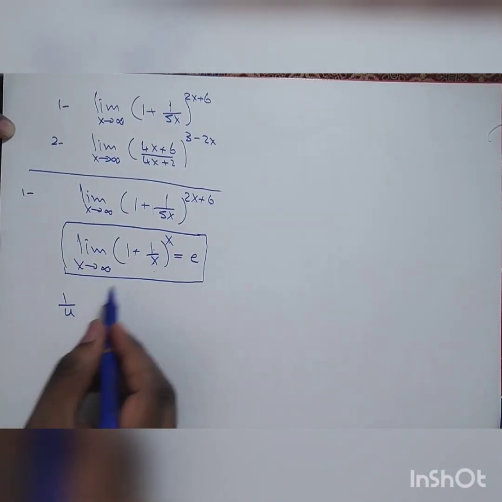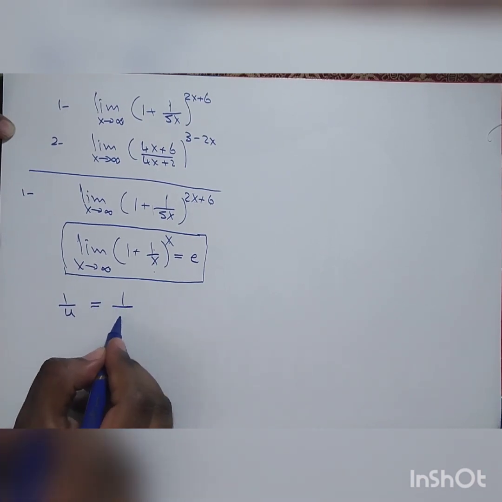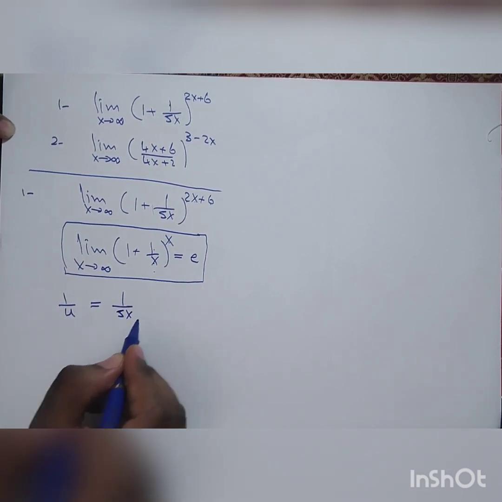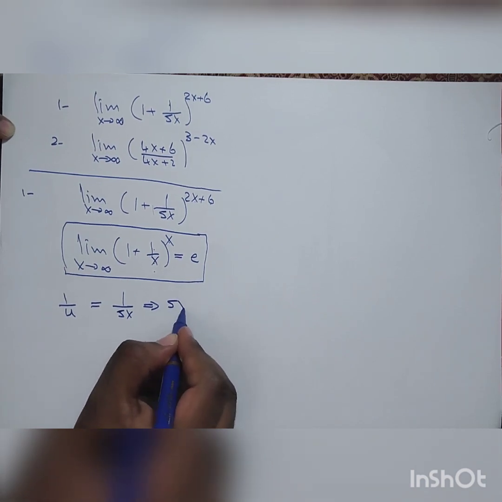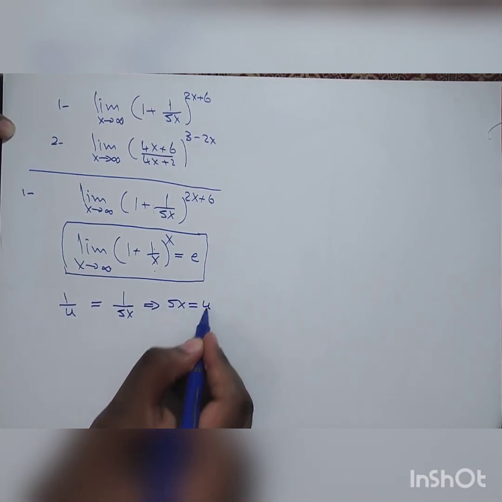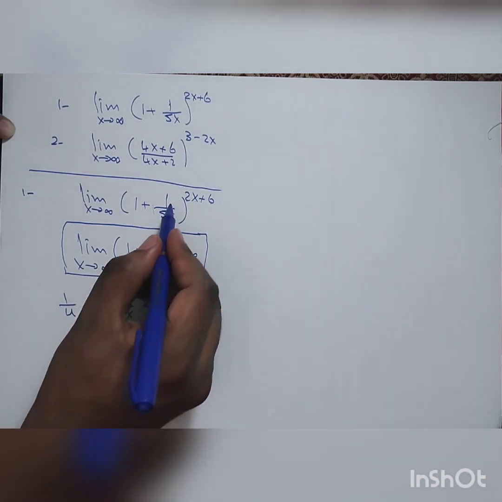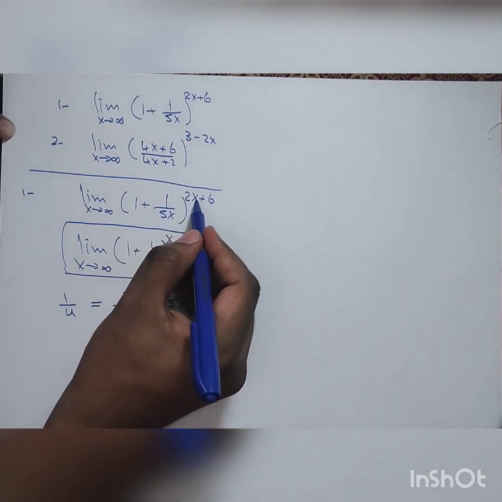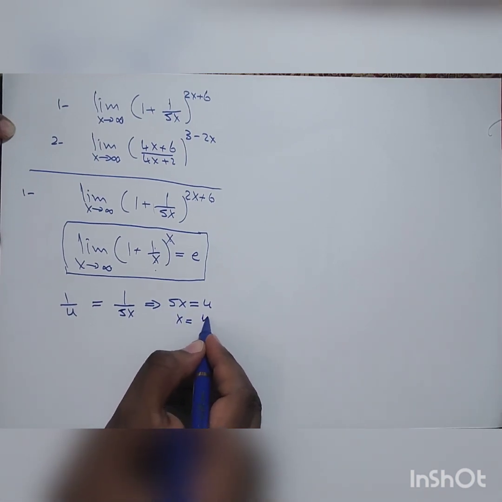So now it will be similar. So 1/u we need to say is equal to 1/(5x). If we do cross multiplying, then we get 5x is equal to u. Everything here will be 1/u, but we also need to find x. So from here, x will be equal to u divided by 5.